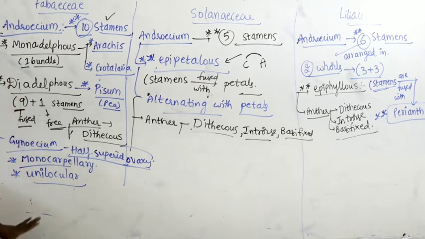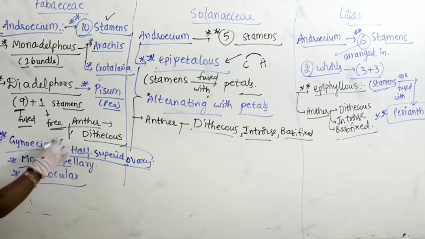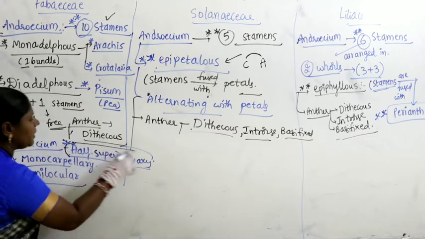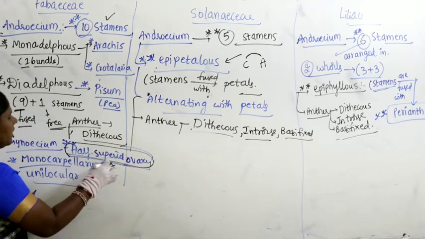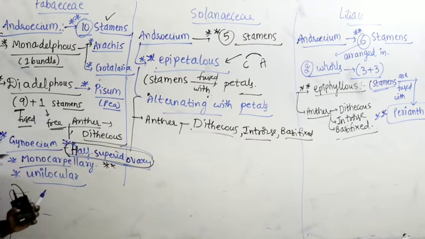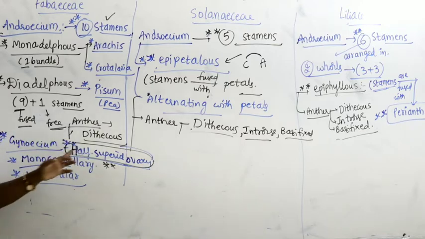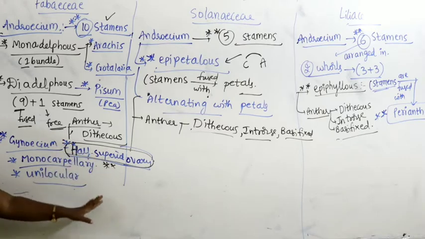That means here when you take gynoecium part, majorly we need to speak about what? The type of ovary. So the type of ovary will be what? Half superior ovary. This is very important. Gynoecium means the main character you have to look for is the position of the ovary. What is that? Half superior ovary.